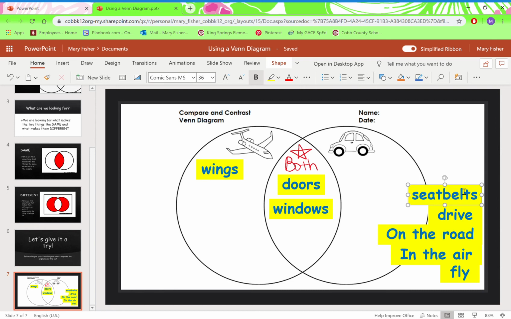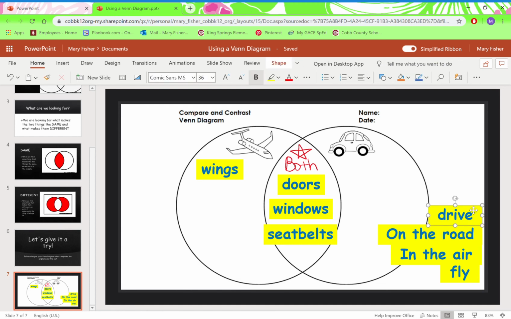I definitely know a car has a seat belt because every day on my way to school, I have to strap in my seat belt and get ready for the drive. And now that I think about it, since I've been on an airplane before, I also have to wear a seat belt on an airplane. So that means both the airplane and the car have a seat belt. That one can go again in the middle for both.